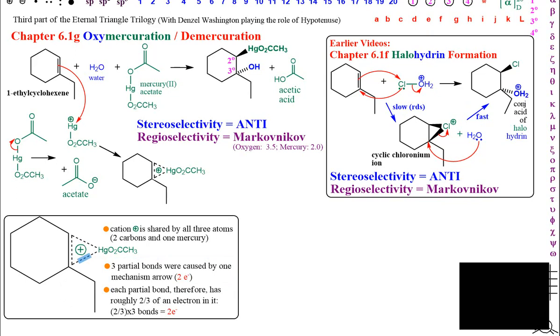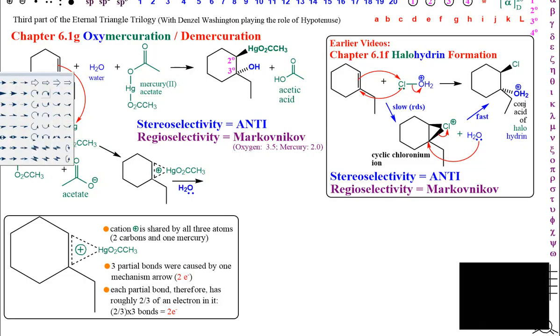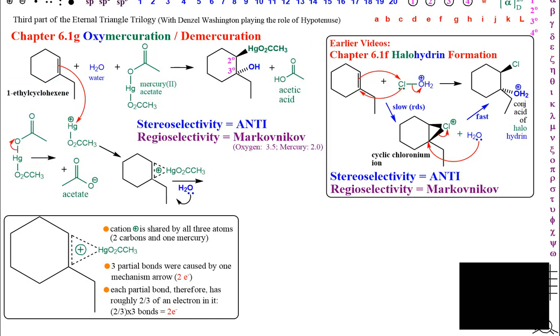We don't have an arrow that can show that, so it'll just disappear. So let's show the mechanism for that. Water does a backside attack on the more substituted carbon, and the partial bond breaks. Whenever we do a backside attack on a triangular intermediate, we get an anti-result, which looks like this.